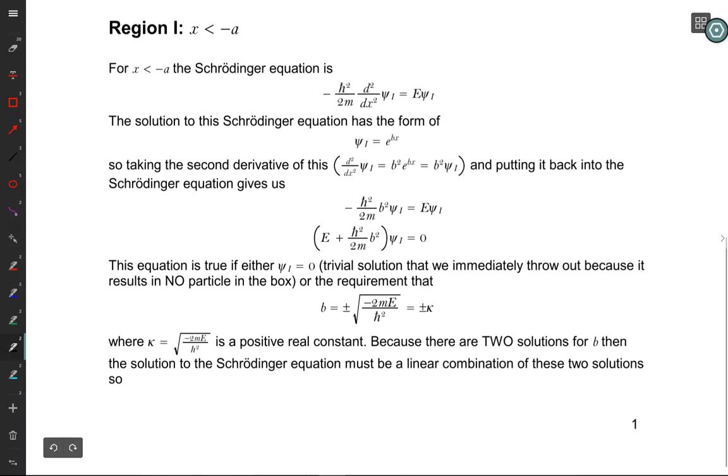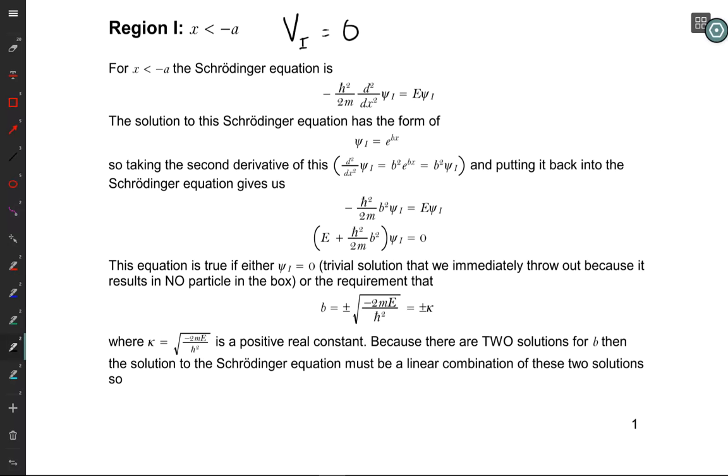In all the regions, you have the same Schrodinger equation. But in region 1, V is equal to 0. And so when we write our Schrodinger equation, minus h bar squared over 2m, second derivative of psi, plus V psi, well, we just have that term missing because we're adding 0 times psi, is equal to E psi.